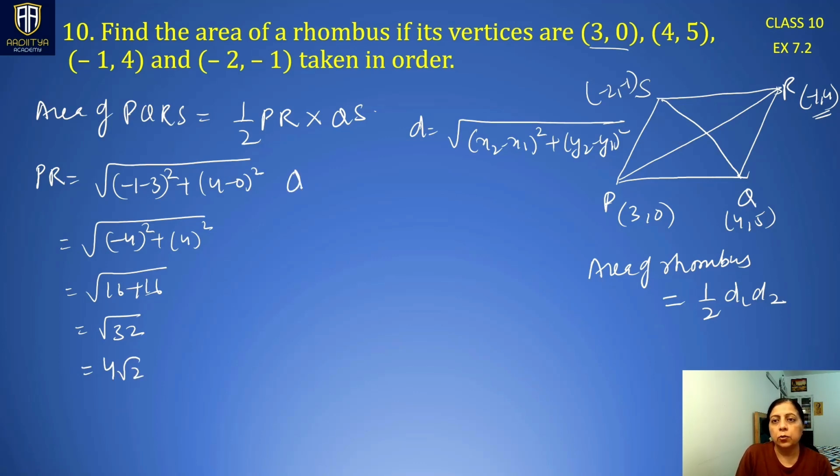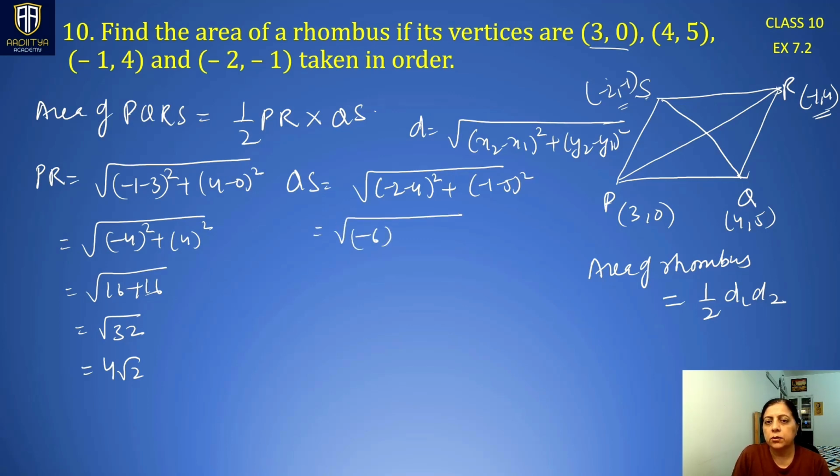Similarly, diagonal QS. Distance QS can be taken as, S is the second point, so this is your x2 y2. Minus 2 minus 4 whole square, minus 1 minus 5 whole square, which is equal to minus 6 whole square plus minus 6 whole square, which is 36 plus 36.